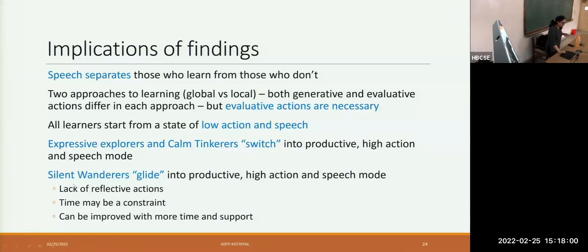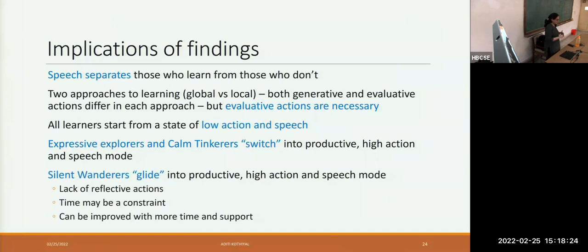And what we found was that there are two approaches to learning, but both of these approaches have both generative actions and evaluative actions. But evaluative actions are necessary. Without the evaluative actions, they are in the silent wanderers group of learners.